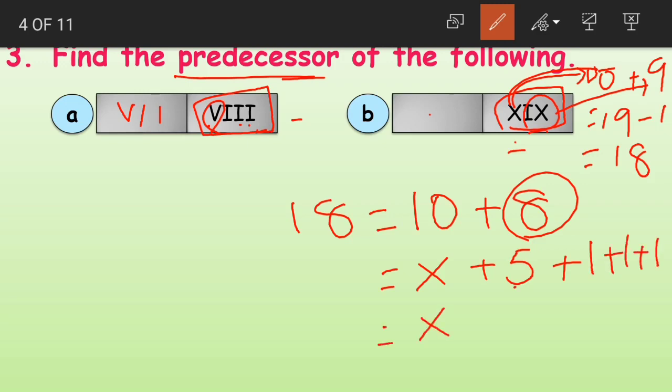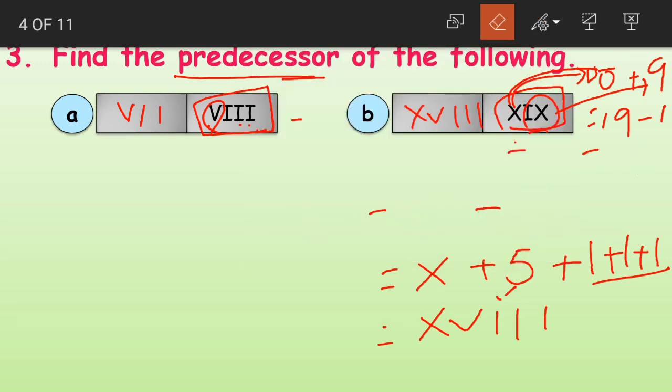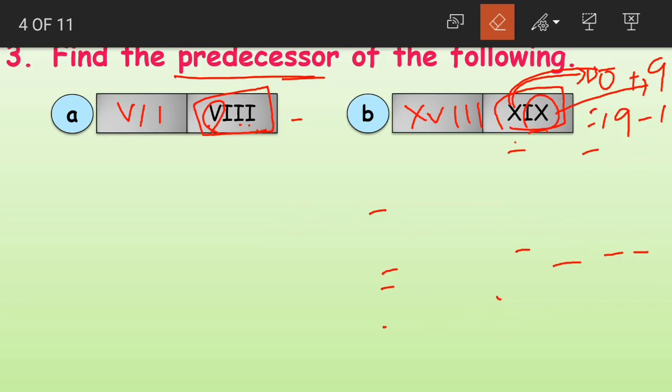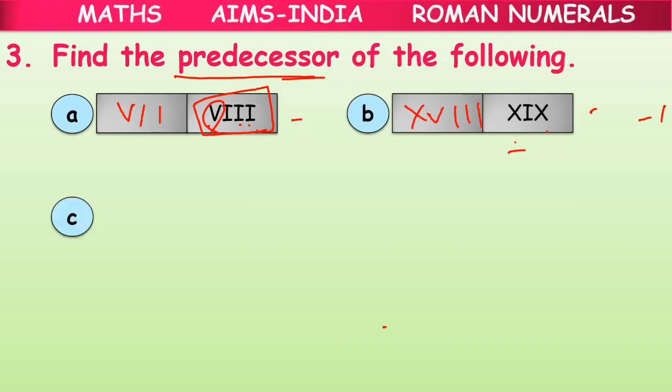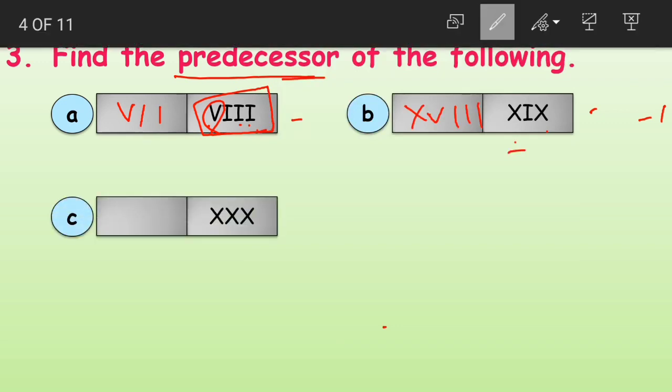X, 5 means V, then we have 3 ones, I. Understood, children? So the predecessor of 19 becomes 18, which in Roman numerals is written as XVIII. Is this clear? Okay.